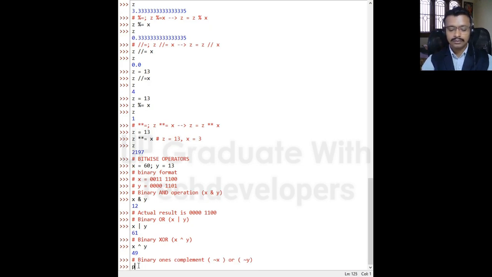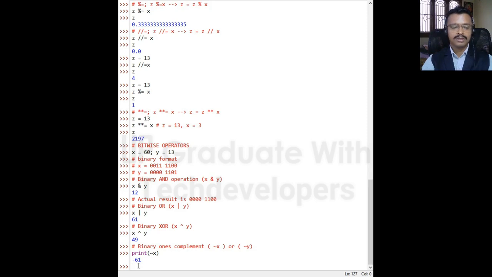Let us do the binary complement of x. It is minus 61. Means 1 1 0 0 0 1 1 in 2's complement form is due to a signed binary number. Okay, this is due to a signed binary number, because of the complement. Okay, binary ones complement.